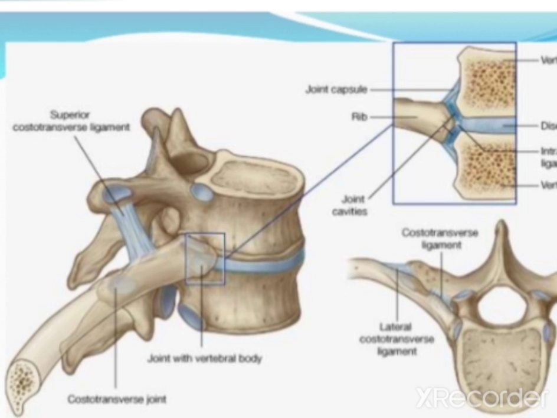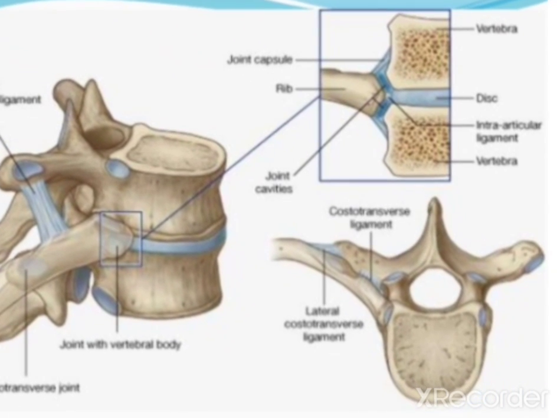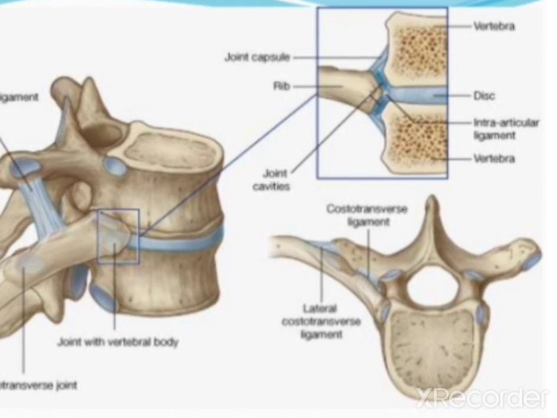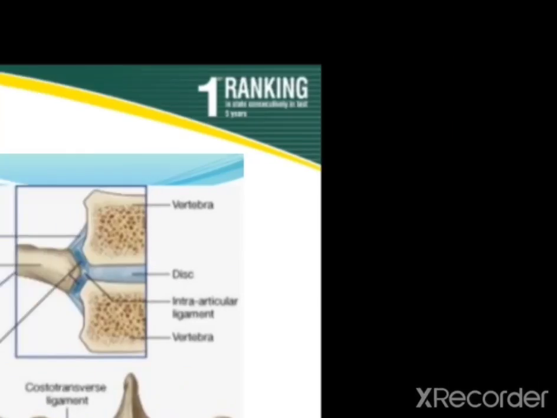In the inset you can also see the disc, the lower and upper thoracic vertebrae, and the intra-articular ligament between the vertebrae and the rib. There is also the joint capsule, because it's a synovial joint. Then the superior costotransverse ligament, the costotransverse joint, and the lateral costotransverse ligament.